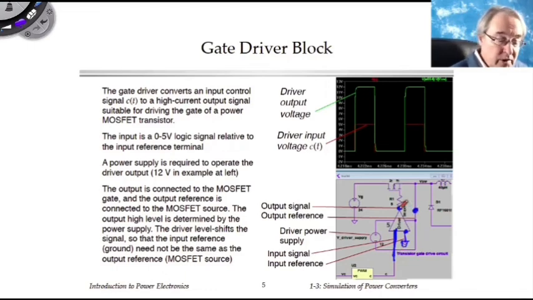And what we do is we apply these two terminals to the gate and source of the MOSFET to turn the MOSFET on and off. The output ground or reference of the driver need not be the same as the input reference. We also have to supply power to the driver to make the circuit work, and so here we've connected a 12-volt power supply between the input power supply VDD and its ground pin VSS.